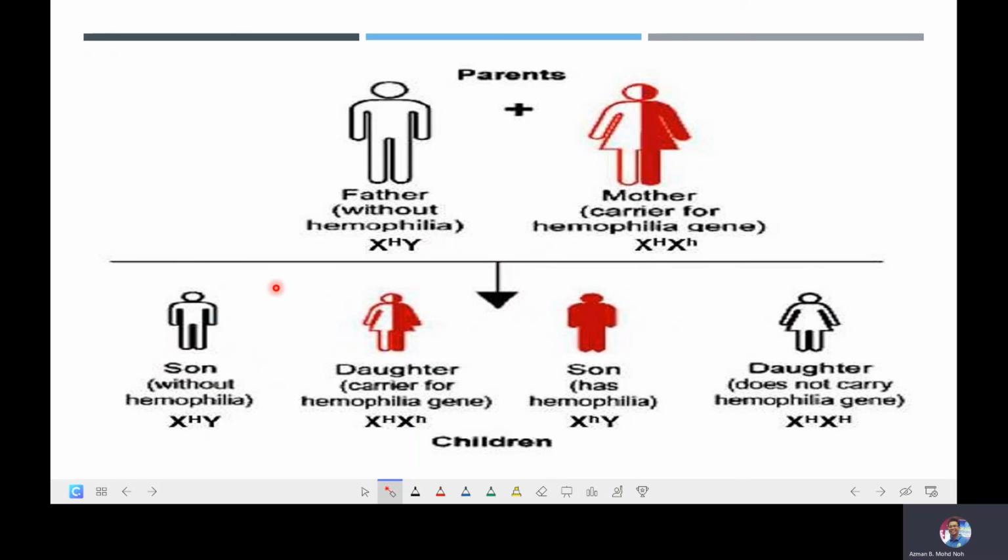They might get a normal son, without any hemophilia, if the genotype is X capital H Y, and they might also get a normal daughter with the genotype of X capital H, X capital H. However, they might also get a daughter who is a carrier if the genotype is X capital H, X small h, and they might also get a son who has hemophilia if the genotype is X small h and Y.